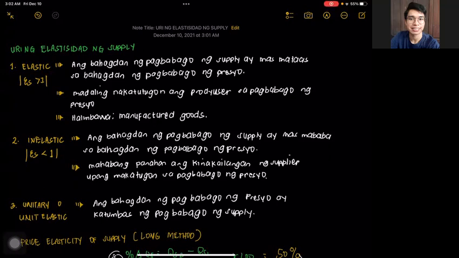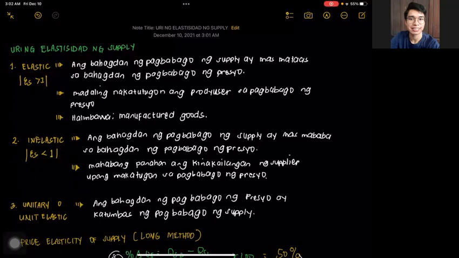Ibig sabihin, kapag may 1% na tumaas ang presyo, mas mahigit sa 1% ang pagbabago sa supply. Mas madali pong nakakatugon ang producer. Kapag nalaman nilang tumaas ang presyo, madali silang nakakalikha kaagad ng produkto sa oras na may mataas na presyo.